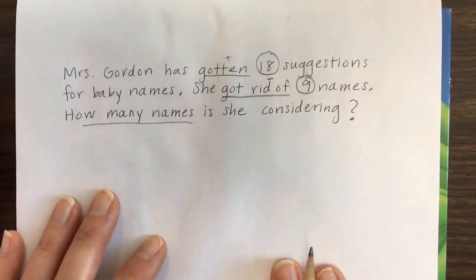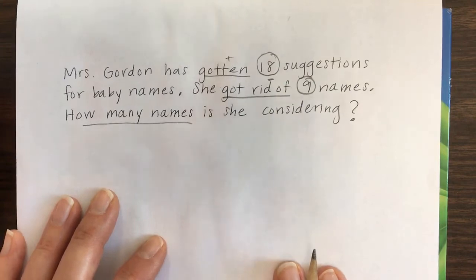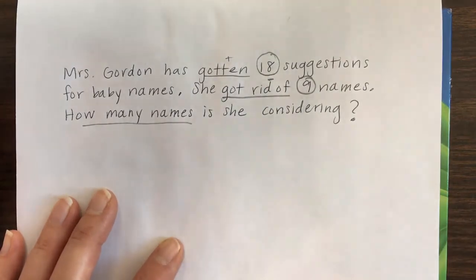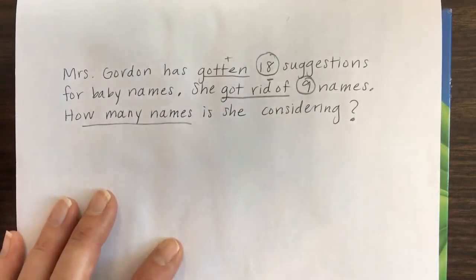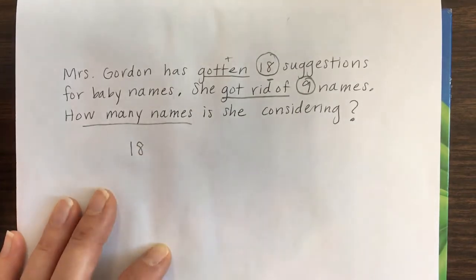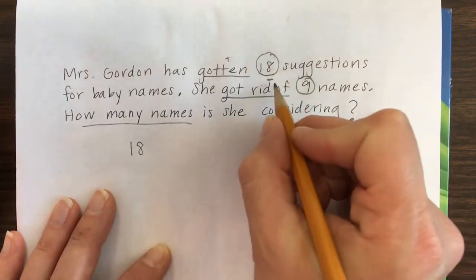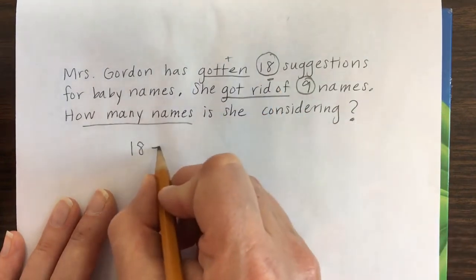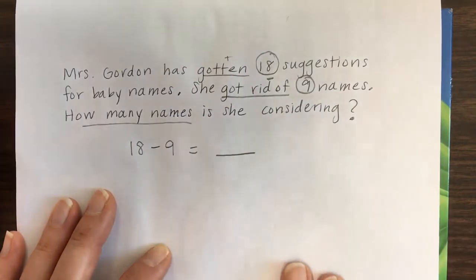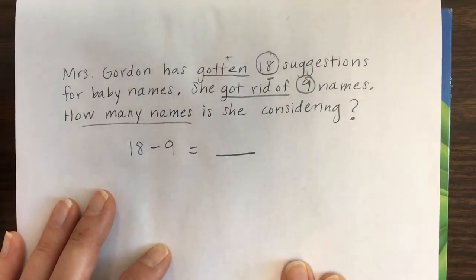You know that 9 plus 9 equals 18, so you know your answer is 9. Some of you need to go ahead and do a number sentence, so I'm going to help you with that. We have 18 suggestions. She got rid of, so she is subtracting these. She got rid of 9. We're trying to figure out this mystery number right here. How many names is she considering?